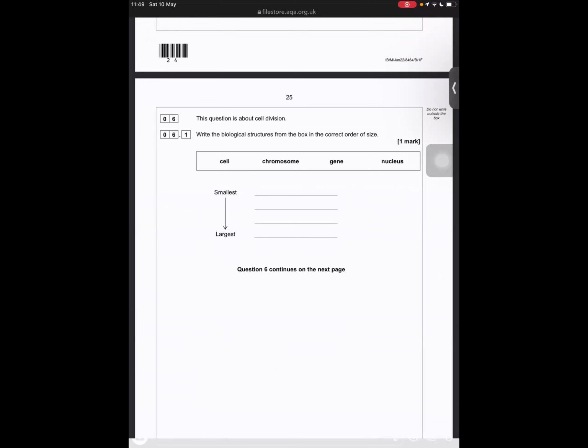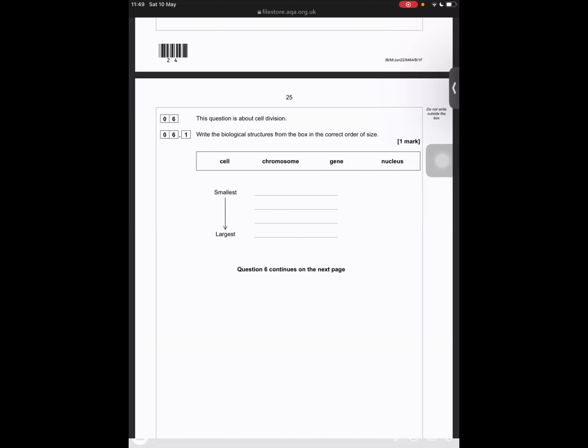This question is about cell division. Write the biological structures from the box in the correct order of size, from the smallest to the largest. Chromosomes would be found in genes. Genes should be found in the nucleus.